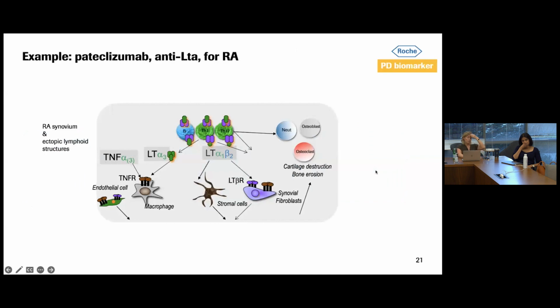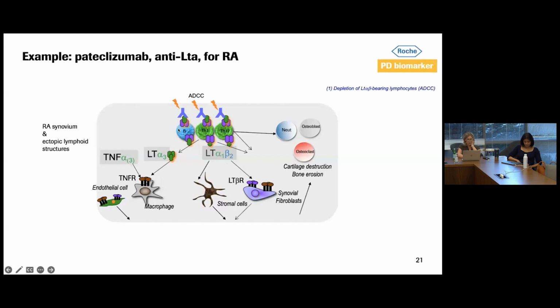One more example, which addresses some of the point that Priti just made about the totality of the data. This is an example of a molecule that was in development for rheumatoid arthritis, anti-lymphotoxin alpha, pateclizumab. It's no longer in development at this point.